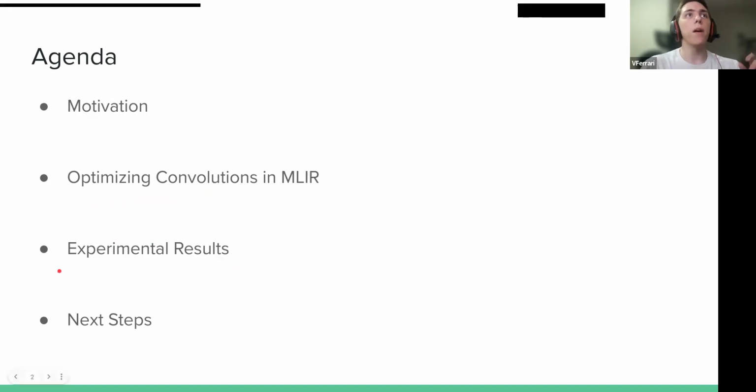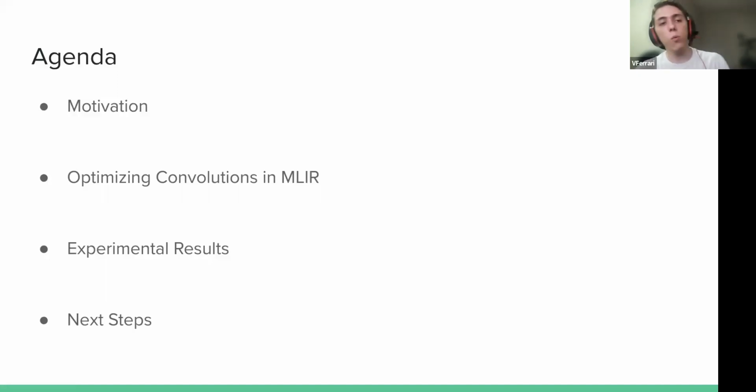Then I'm going to talk about the prototype that we built and the experimental results. So how we tested it and the results that we achieved. And finally, I'm going to talk about some of the next steps in MLIR that we want to take to fully integrate it into MLIR and make a contribution.